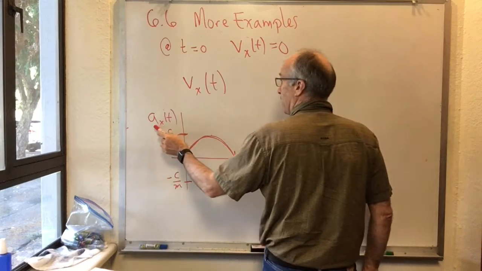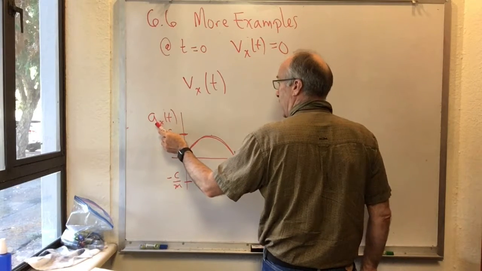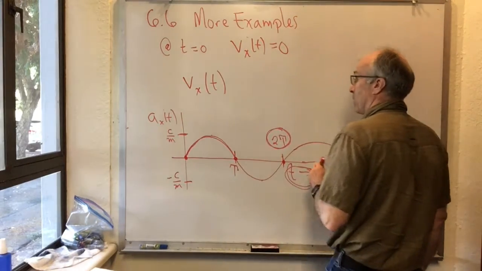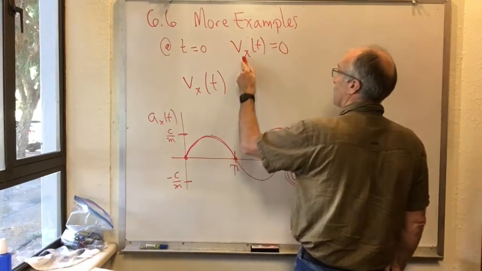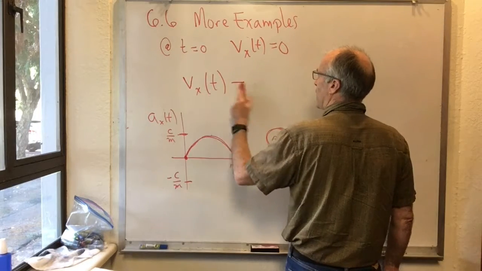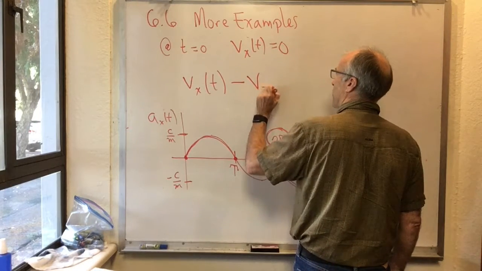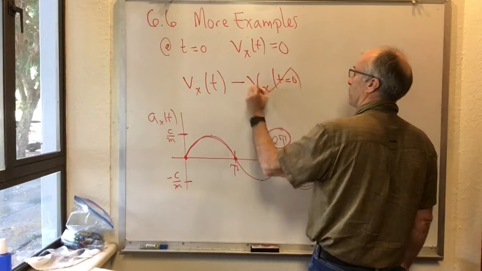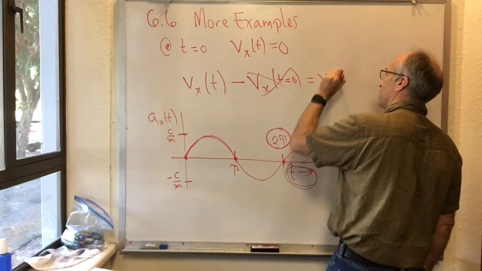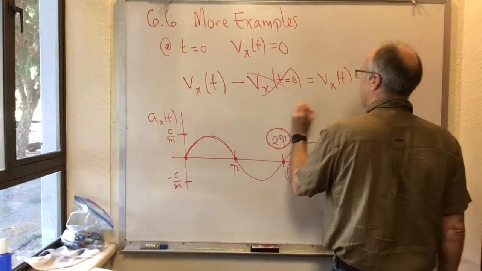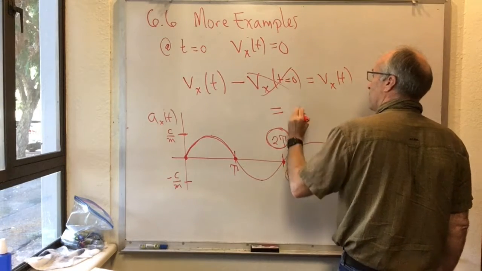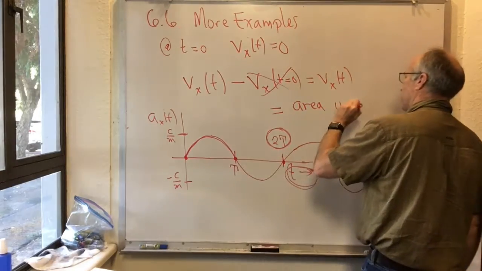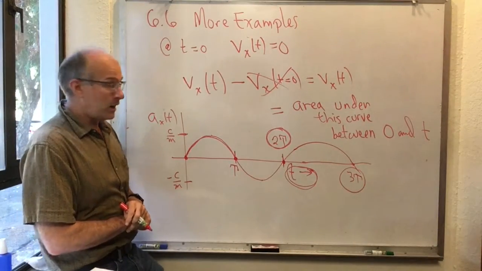We know we can get the change in the velocity by getting the area under the acceleration curve. Now, since it started at 0, the change in the velocity, Vx of t minus Vx at t equals 0, just simplifies to Vx of t. So Vx of t is equal to the area under this curve between 0 and t.